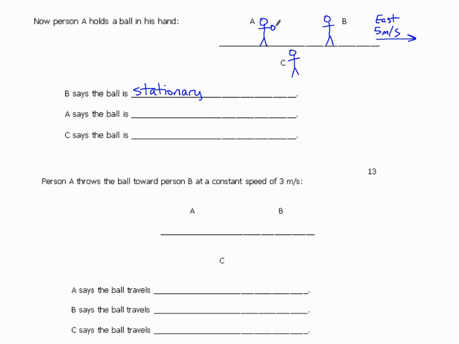Person A looks down at the ball in their hand. Person A says the ball is stationary. Now person C, standing on the ground, not riding on the train, says that the ball is moving east at 5 meters per second.